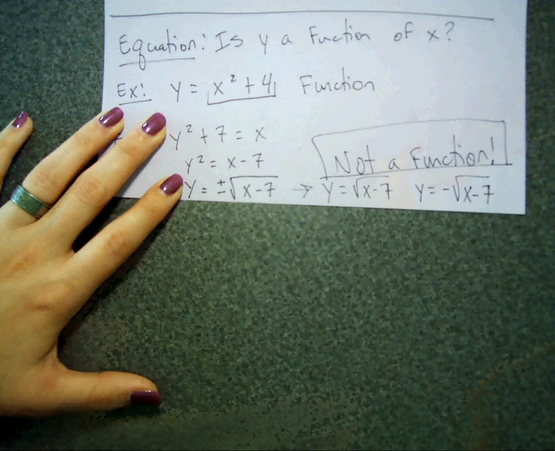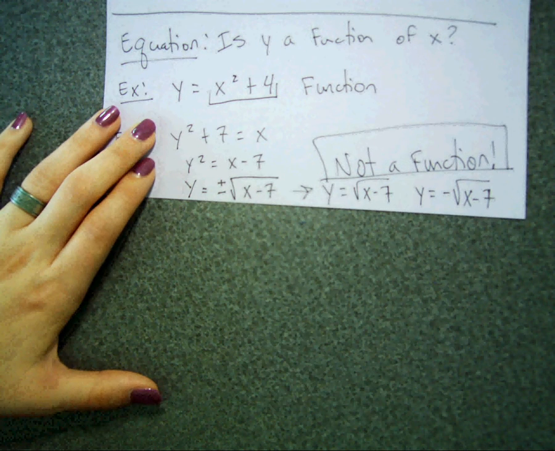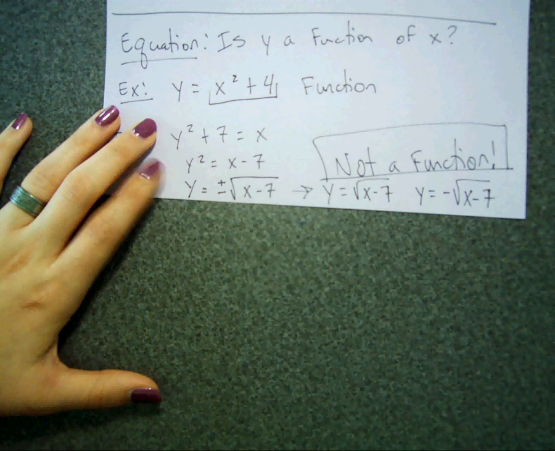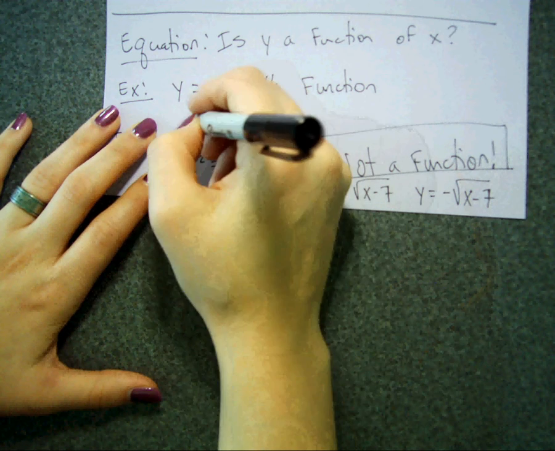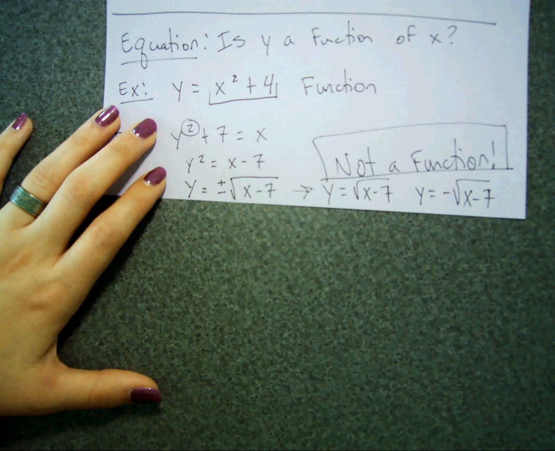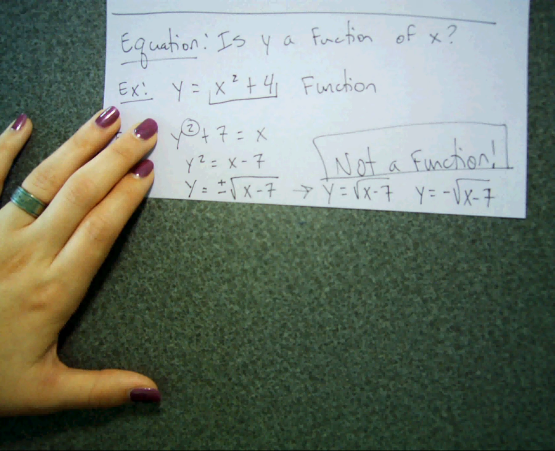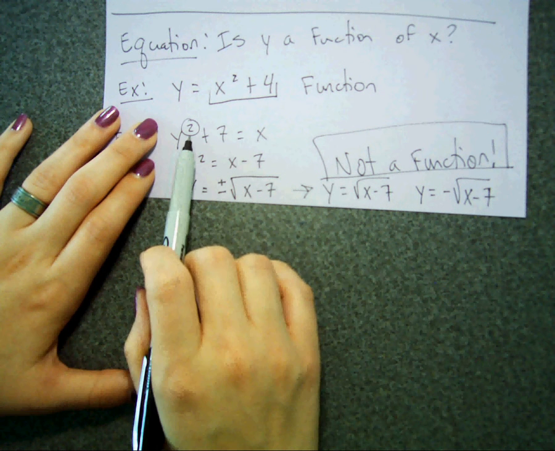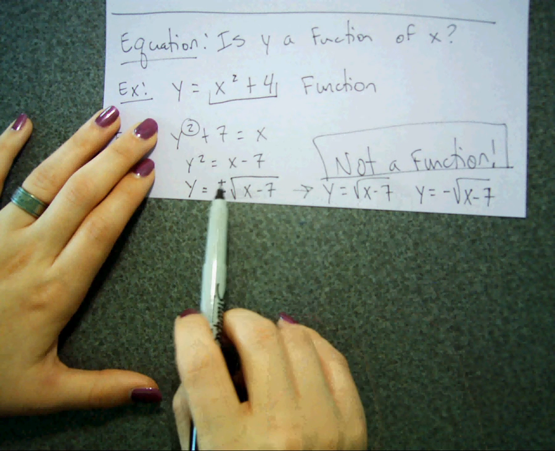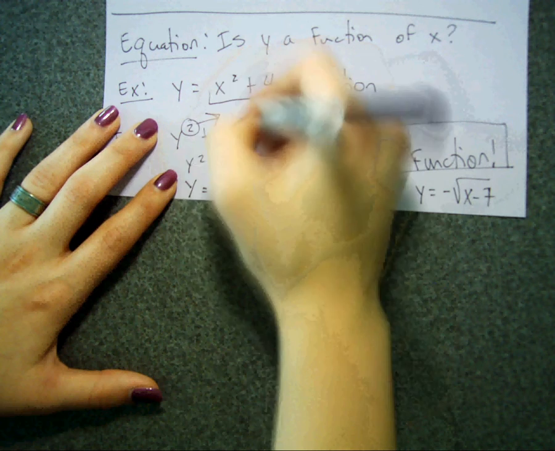Now, when you're solving these, trying to figure out if y is a function of x or not, this issue came because I had an even exponent on y. Anytime you have an even exponent on y, so even being 2, 4, 6, 8, 10, 12, and so on, you will have to account for the positive and for the negative. So this happens every time the exponent is even.